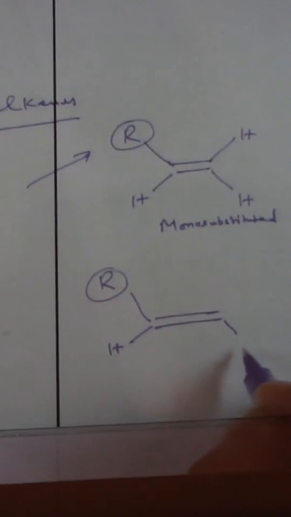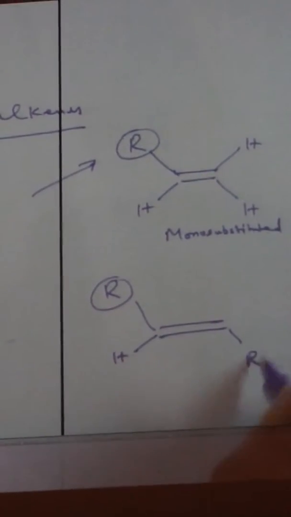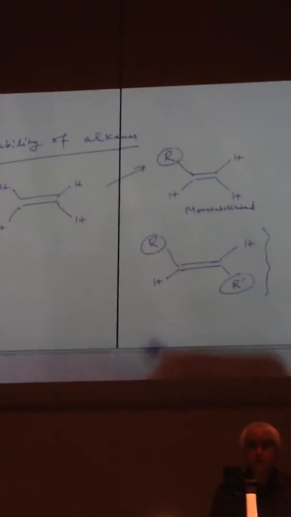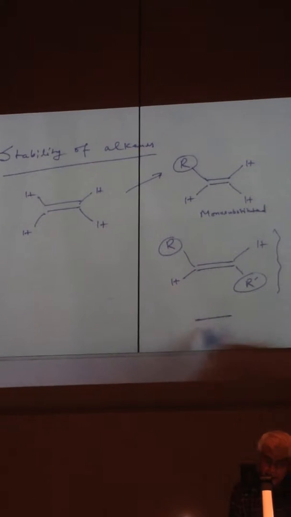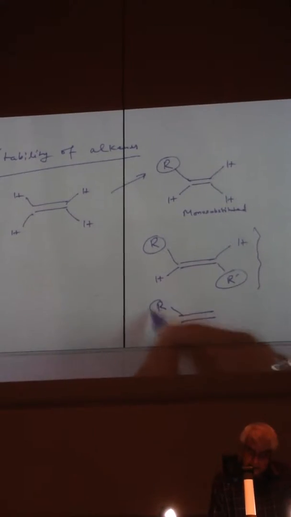Followed by, let's say, disubstituted. And the disubstituted, of course, would be either on the same carbon or a different carbon, also cis or trans. But we'll get to that in a couple minutes. There are other types also. And then trisubstituted and tetrasubstituted. In each case, it increases the stability.